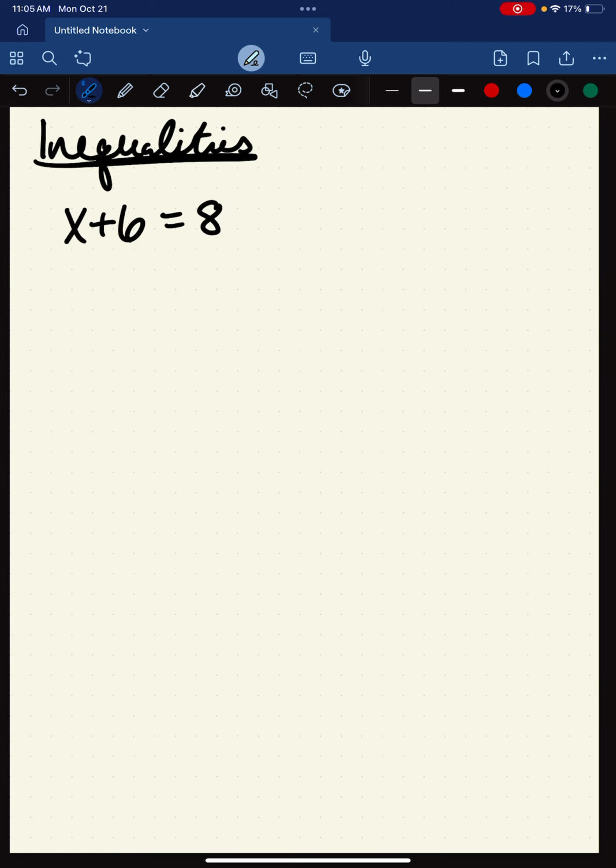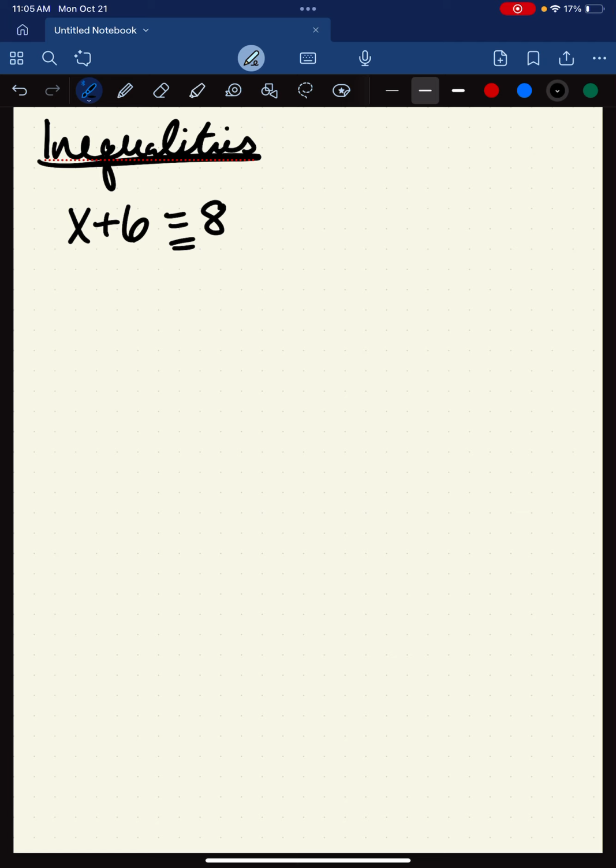So first thing, let's talk about how it is we even write an inequality. We begin by, we're used to equalities. So let's say x plus 6 is equal to 8.